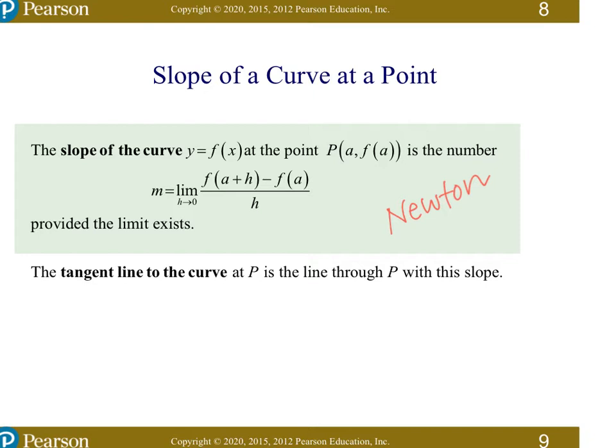All right, so to create a tangent line, you need 2 things. You need the point and you need a slope. And we will create then the point slope equation. So the point would be x1, y1. The slope would be whatever you're going to find from Newton's definition.